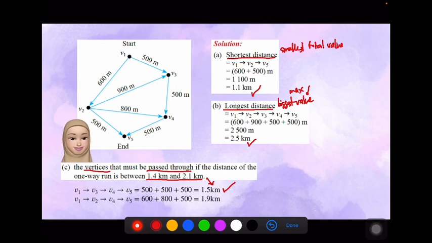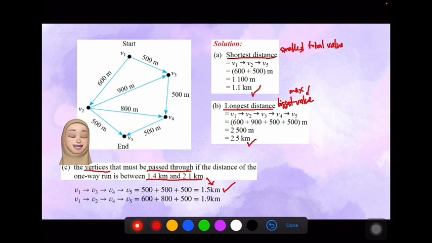Secondly, if you follow the route, start from V1, move to V2, followed by V4 and end at V5, it will give us the value 600 plus 800 plus 500, which is equal to 1.9 kilometer.